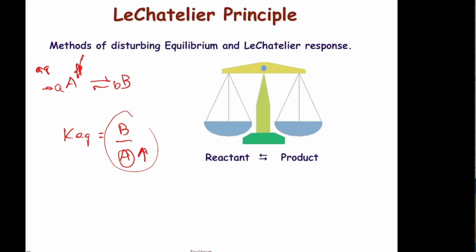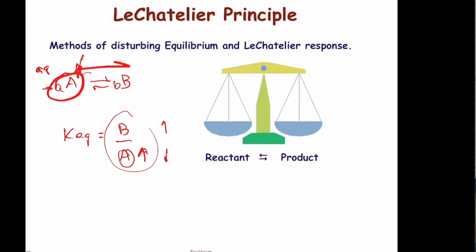When you put in more A, A has got to decrease, and B needs to increase so that you can form that new equilibrium. So by adding more reactant, we're forcing the equilibrium to favor more products until the concentrations have adjusted so that the ratio equals K equilibrium.